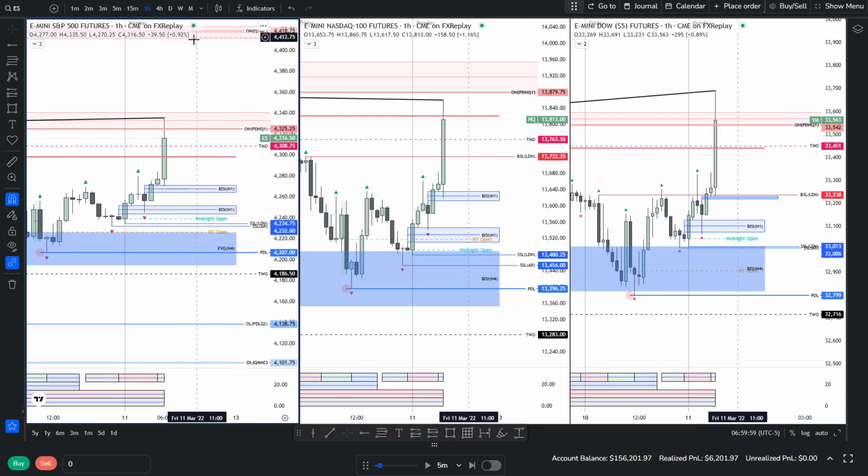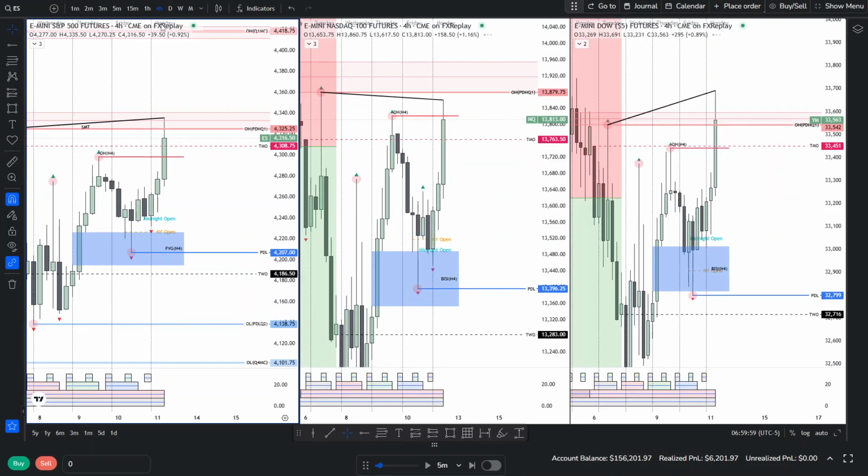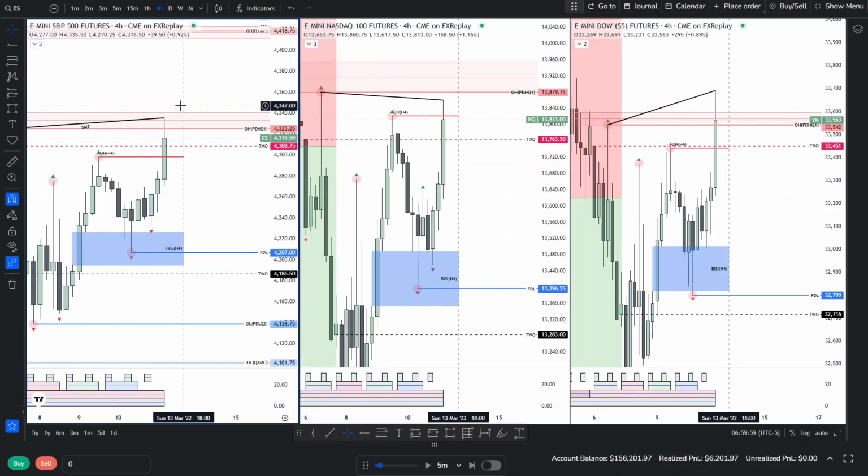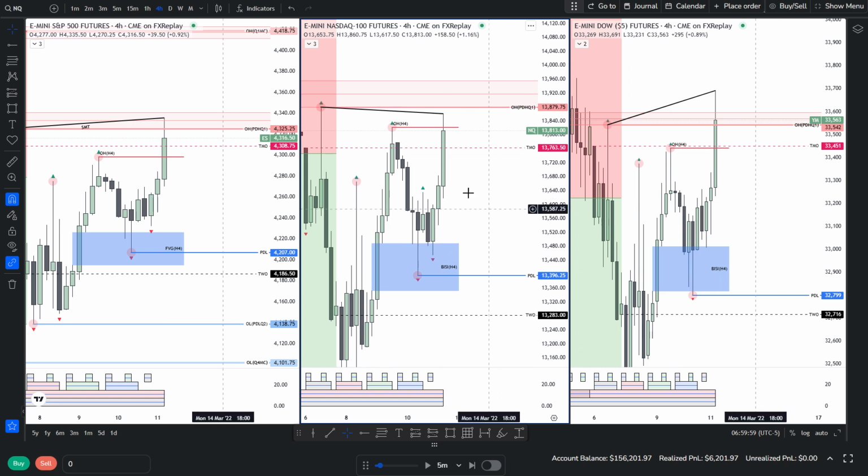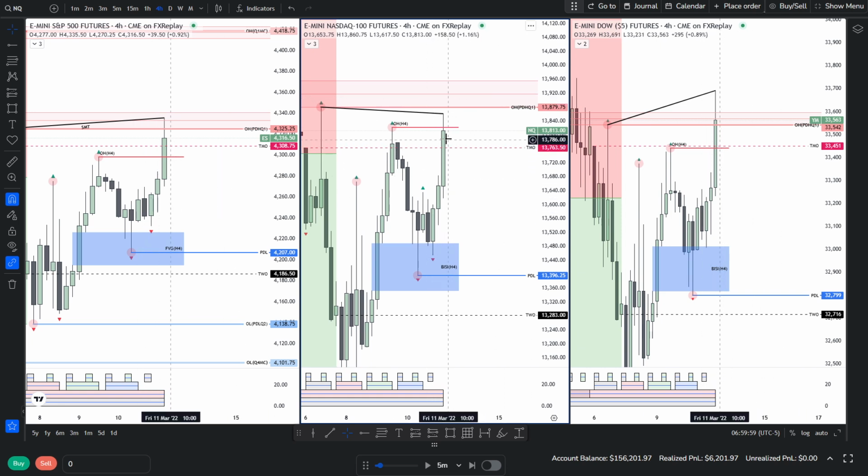So yeah, if we were going to continue higher, continuing higher for me, again, it's a tough one because is the market going to retrace all the way down to here?